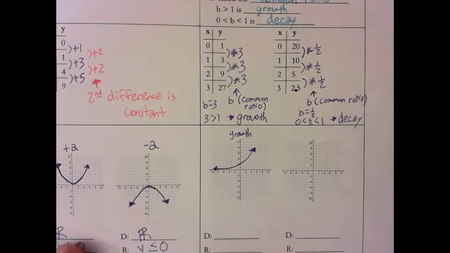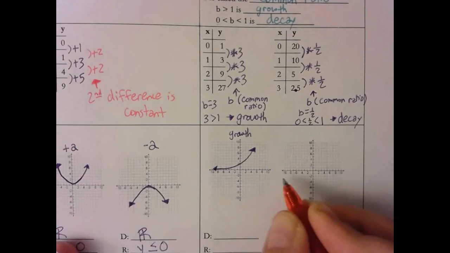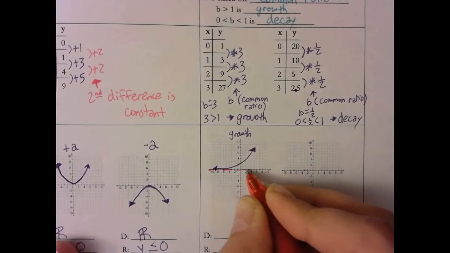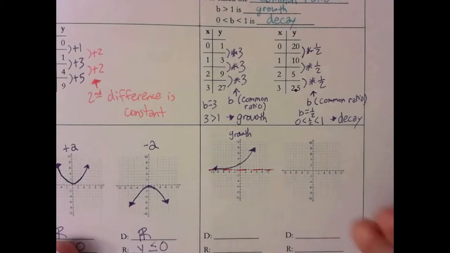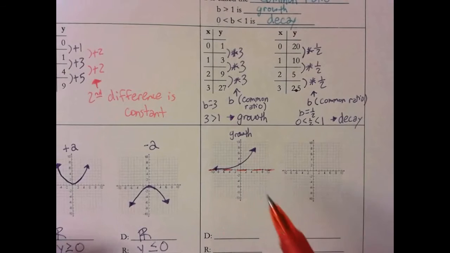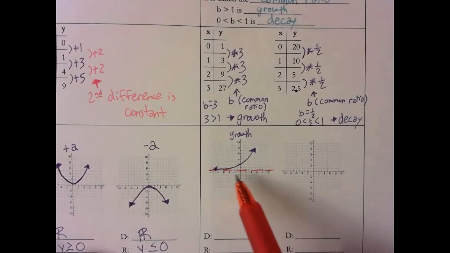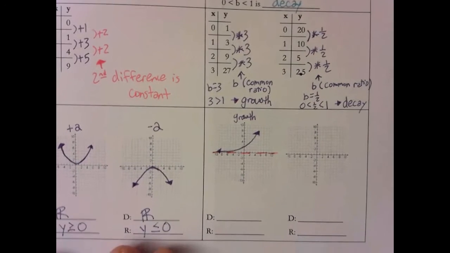That's growth. Something that's really, really super important. Notice it gets really close to the x-axis. Okay, so it gets close to what really is y equals 0. The x-axis is where y equals 0. But it never quite touches. That's important. So we'll get to that in just a moment.